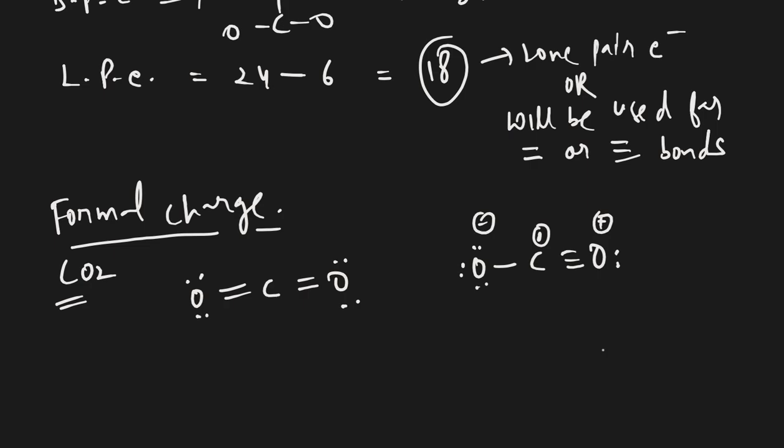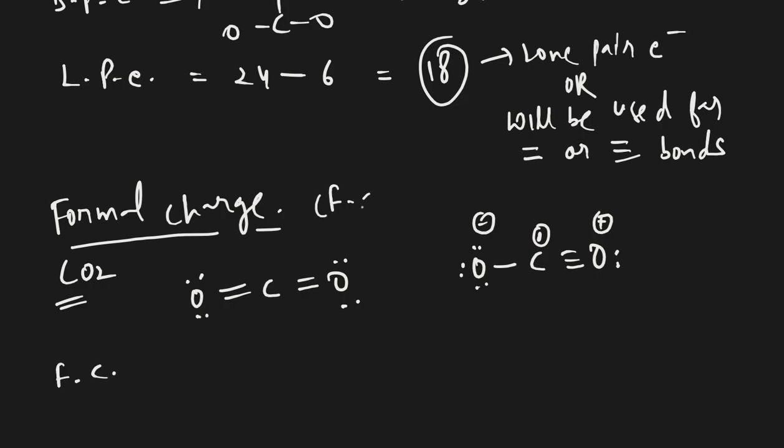And then there are certain rules on the basis of which you can predict the stability, like out of two structures, on the basis of the formal charge, which one is more stable as compared to the other one. Okay, so the rule for this is formal charge.